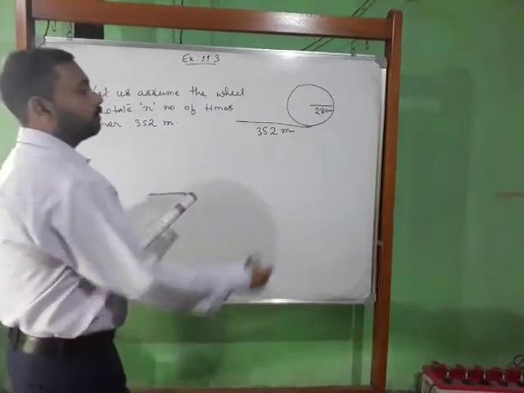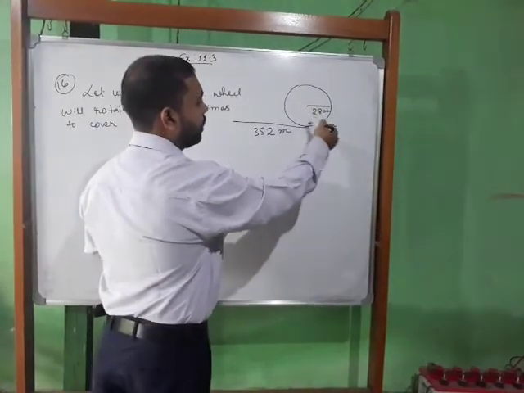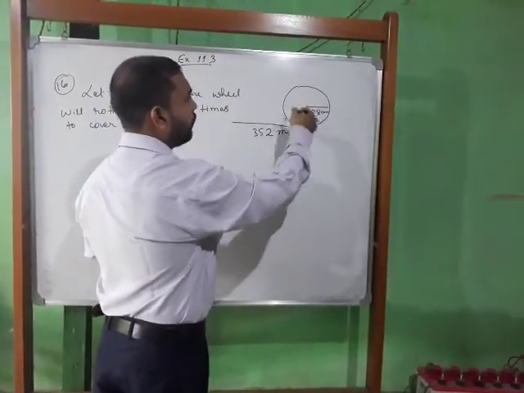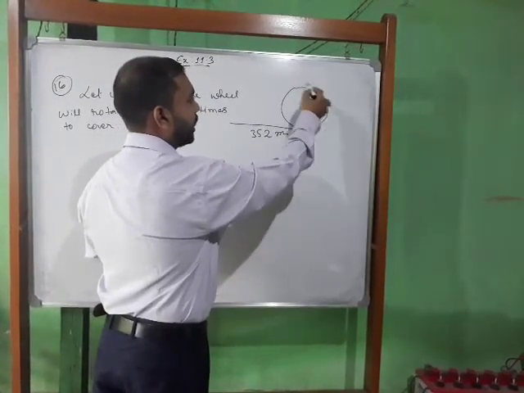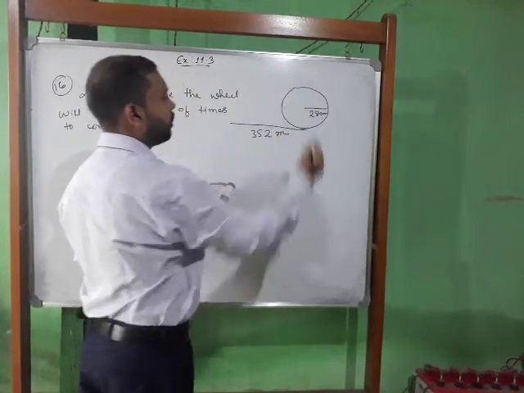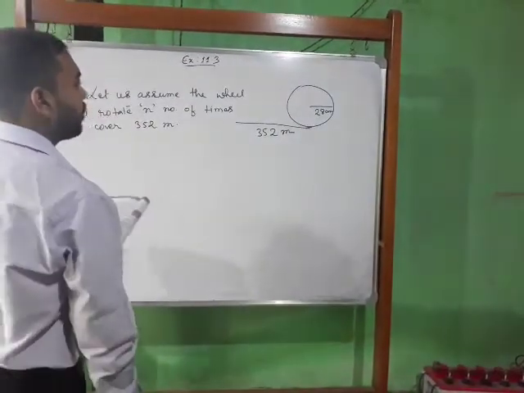Now, as you can see in this diagram, the wheel will rotate. One complete rotation means one circumference of this circle. So we will be using the circumference of this circle.